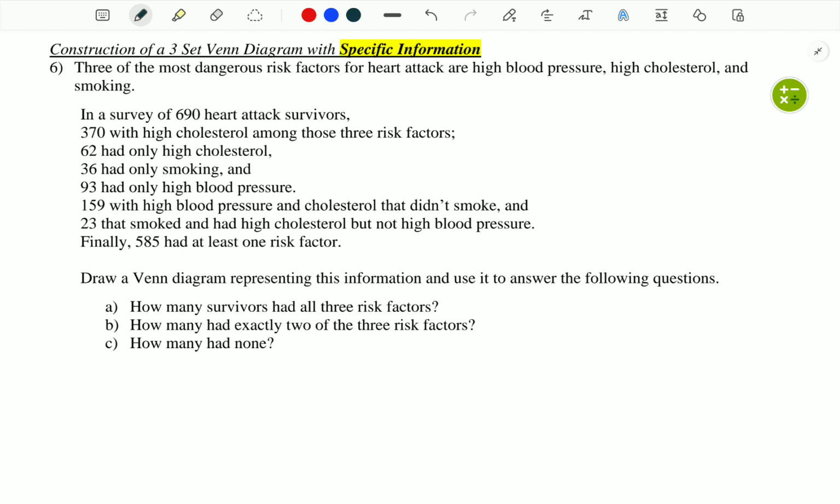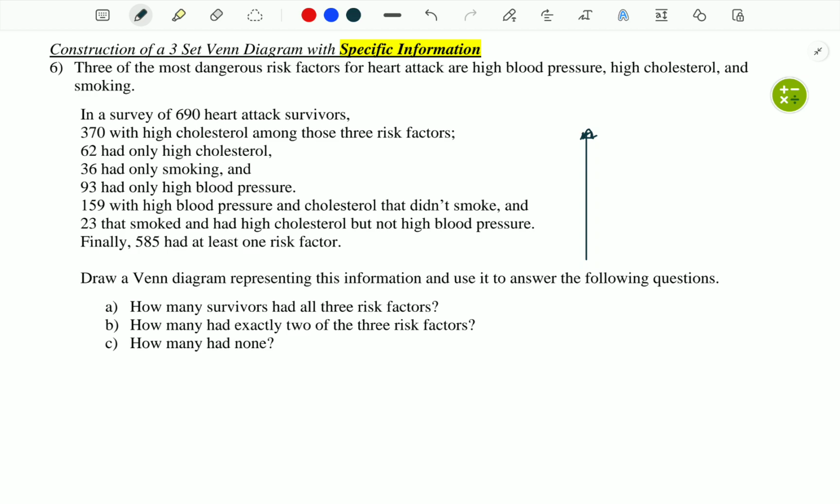The three most dangerous risk factors for heart attacks are high blood pressure, high cholesterol, and smoking. Now remember, we want to read this list from bottom to top. Because we have to draw a Venn diagram and we have 3 categories, high blood pressure, high cholesterol, and smoking, this will be a 3-circle Venn diagram.